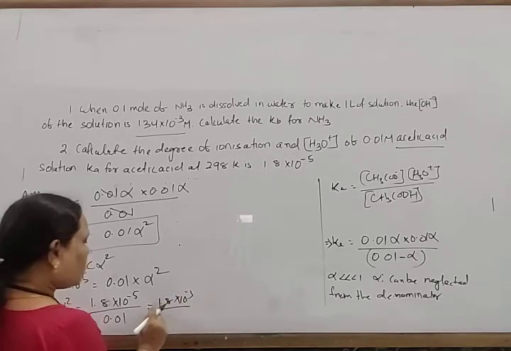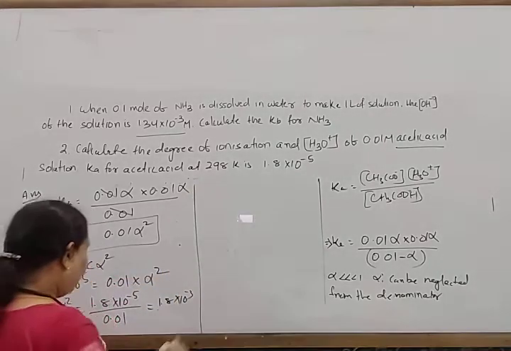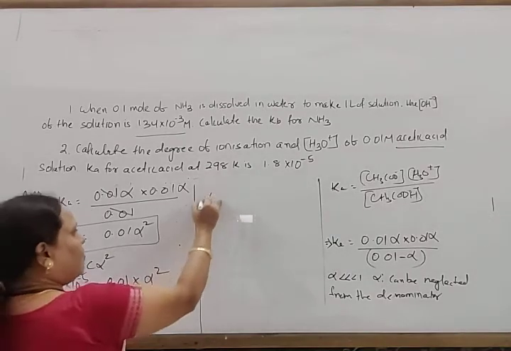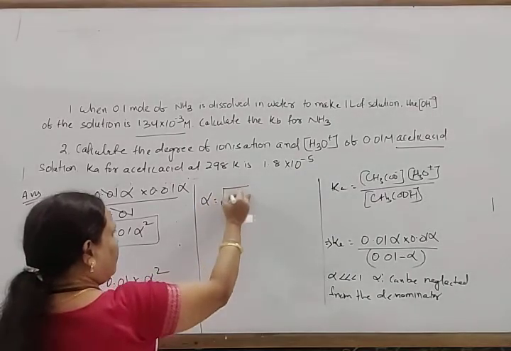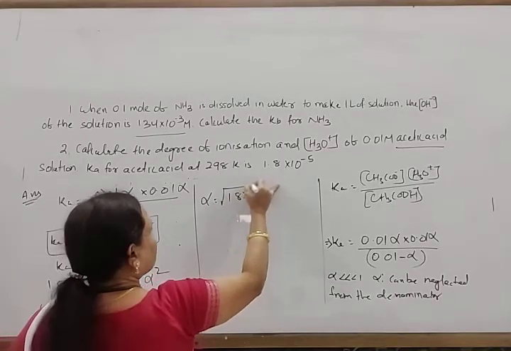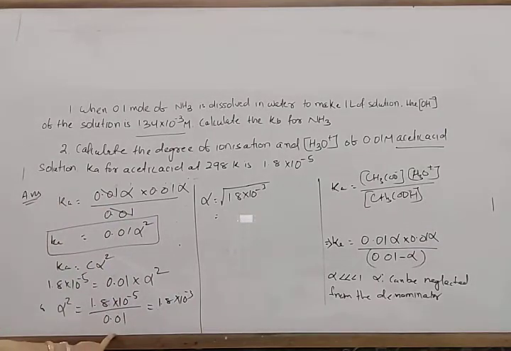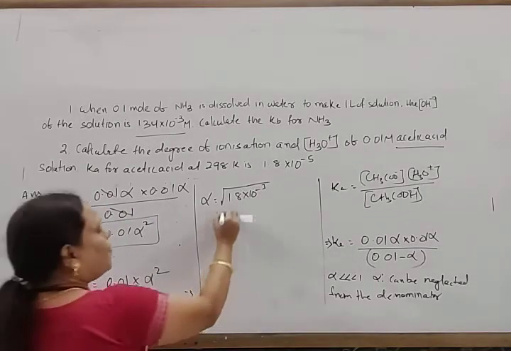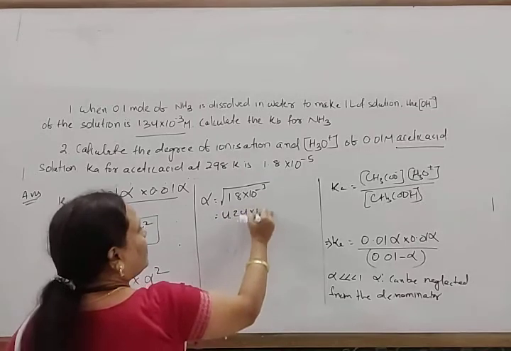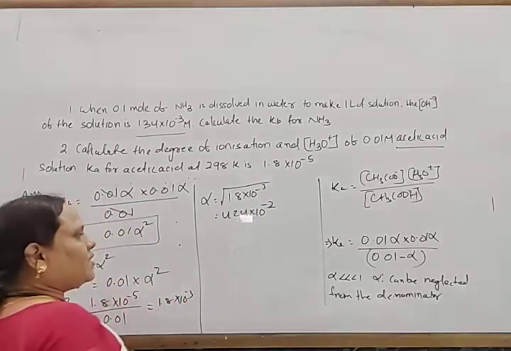Then alpha is equal to the square root of 1.8 times 10 to the power minus 3. Find the square root and you will find the answer is 4.24 times 10 to the power minus 2.